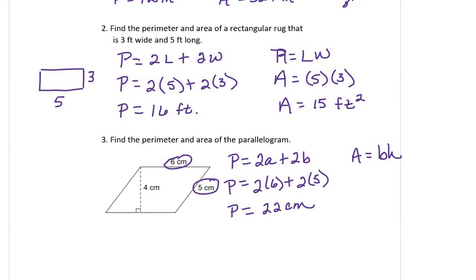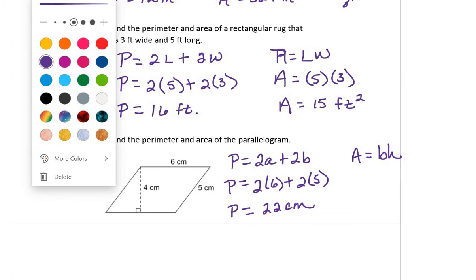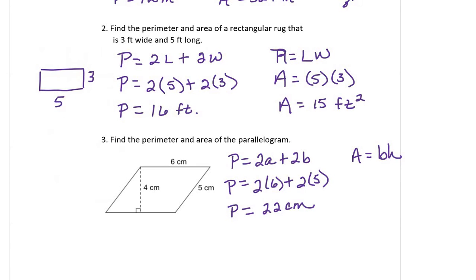When we're finding the perimeter, the A and the B are the sides of your parallelogram, and it doesn't really matter which one of these is A and which one is B. So here I have the perimeter being 22 centimeters. Now, when I come over to the next part of the problem, and I'm trying to find area, I need to know the base and the height, and here it really does matter which side is B. Normally we think of B as meaning the base, but the base doesn't always necessarily mean the bottom. I think it's helpful to actually figure out the height first.